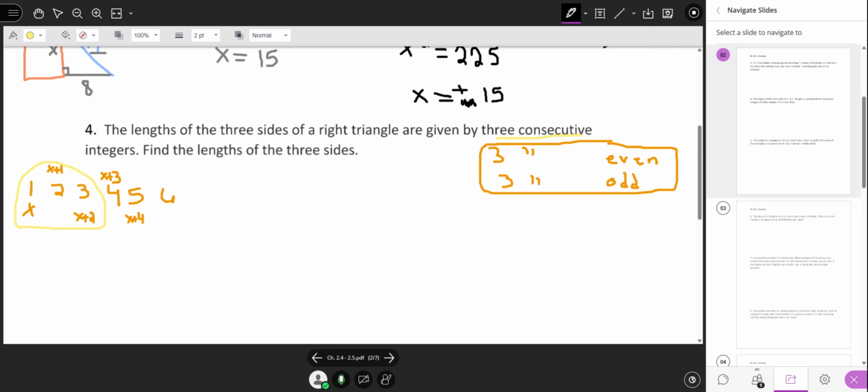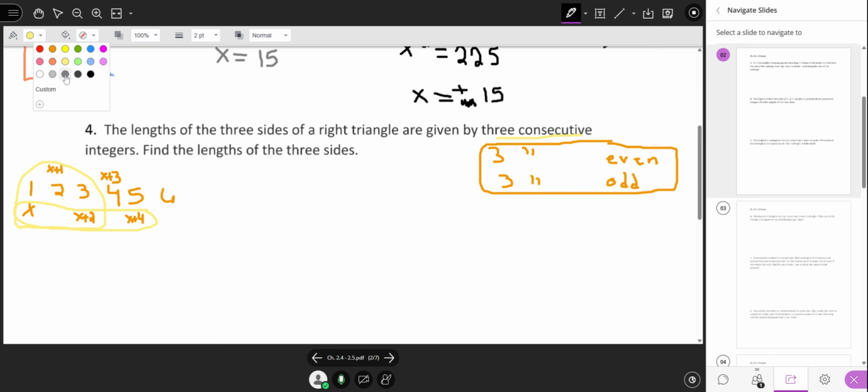But let's say it says 3 consecutive odd integers. Well, that would be 1, 3, and 5. Okay? 1, 3, and 5 would be x, x plus 2, x plus 4. Well, guess what?